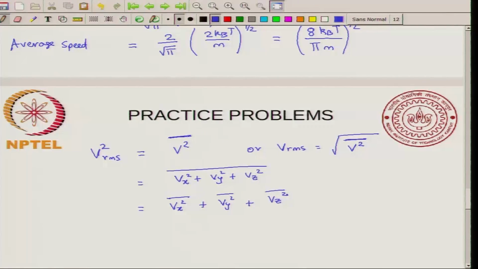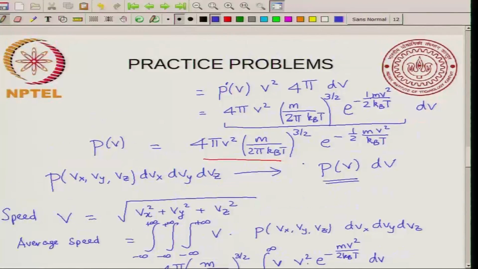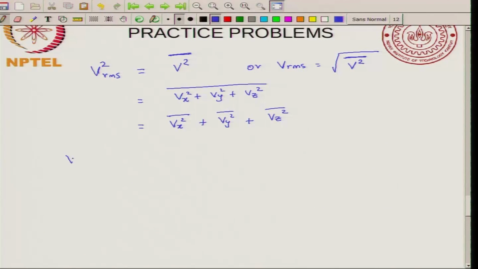Now, if you look at the Maxwell-Boltzmann distribution of velocities, the 3 directions are identical. There is nothing that distinguishes x, y and z. Whatever you get for Vx square average, you will get the same for Vy square average and Vz square average. So, I can go ahead and calculate the Vx square average.